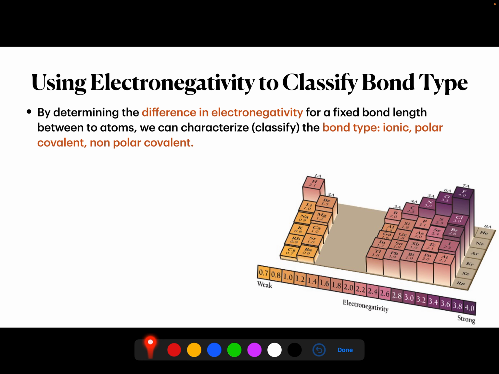So we can use this concept of dipole moment, and whether a dipole moment exists, to describe the character of the bond. Bond character is a way of classifying a bond. We've already talked about bond classifications.